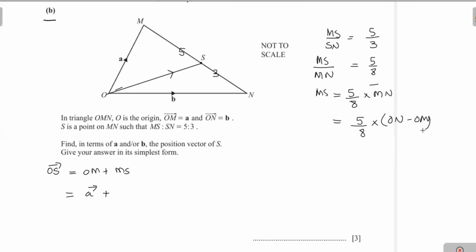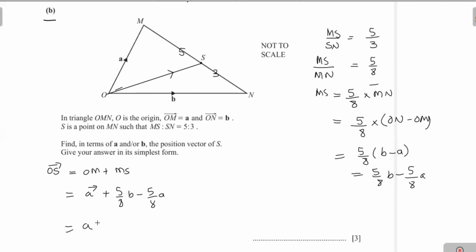You see here the ON is B, OM is A, we can write 5 over 8 into B minus A. And this will be equal to 5 over 8 B minus 5 over 8 A. We write here the value of MS: 5 over 8 B minus 5 over 8 A.